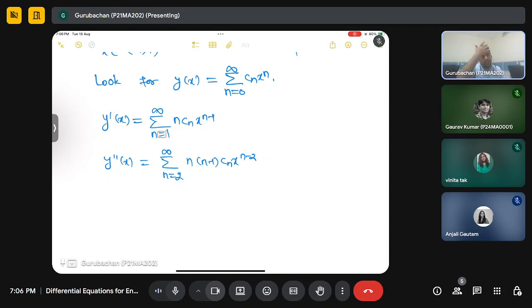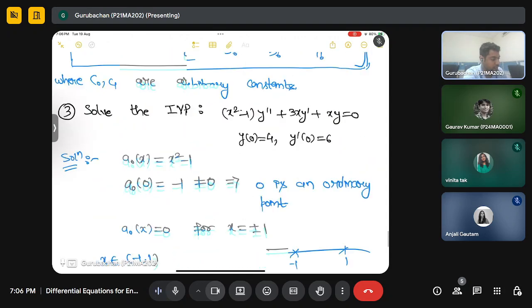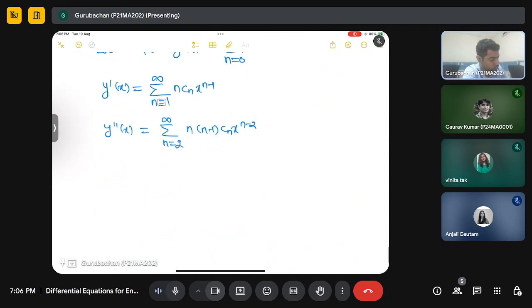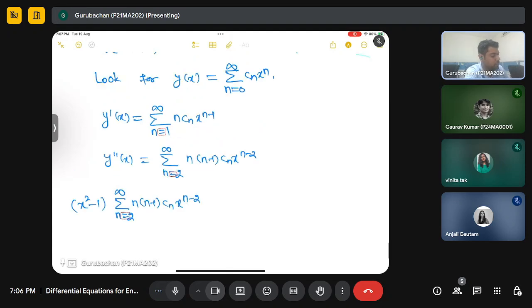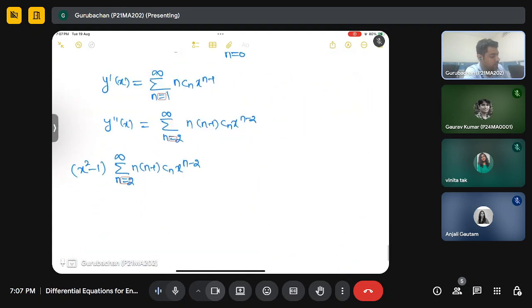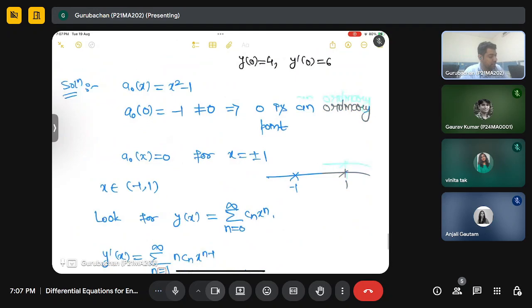So we have to put these values in the given differential equation, that is x square minus 1 times the sum n equal to 2 to infinity n into n minus 1 cn x to the power n minus 2. The second term is 3 times x, summation n 1 to infinity n into cn x to the power n minus 1. And the last term is x times y.